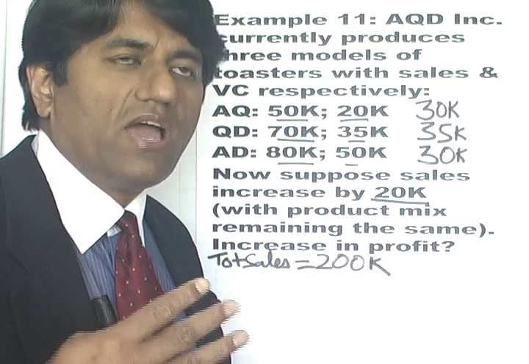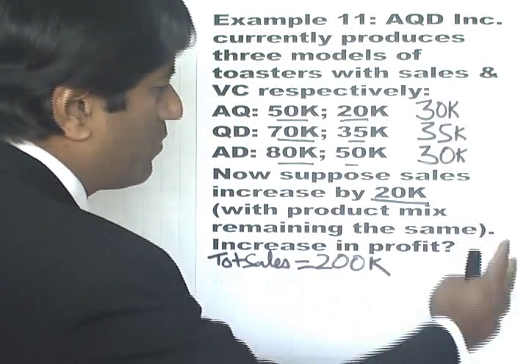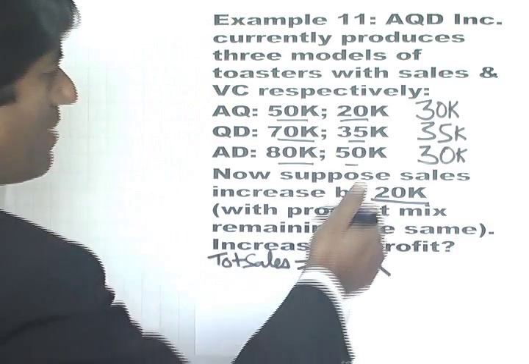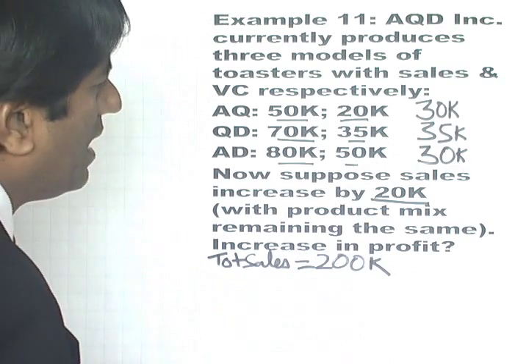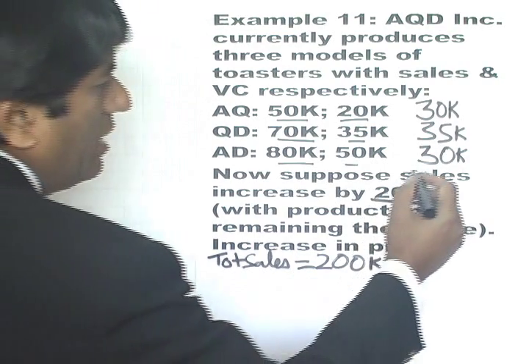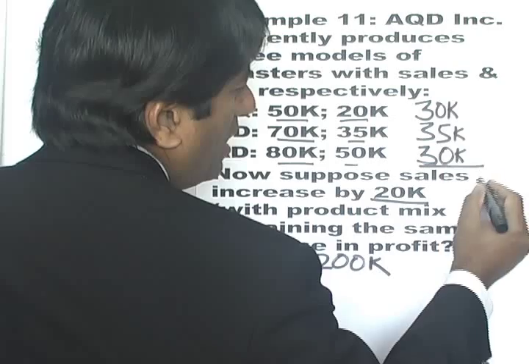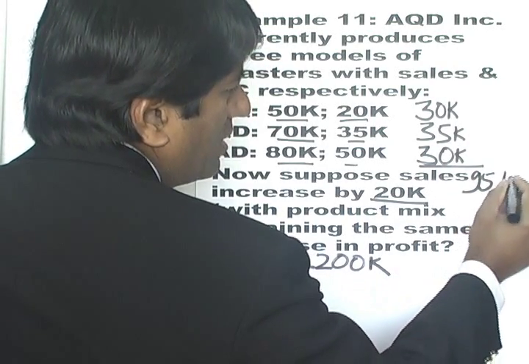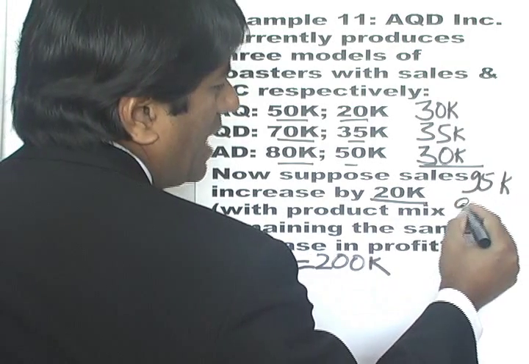Now, what do you think is going to happen to the contribution margin if the product mix remains the same? Well, the contribution margin is also going to increase by 10%. So, from this total of 95K, this is going to increase by 9.5K.